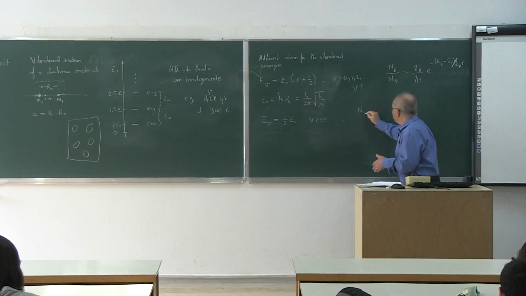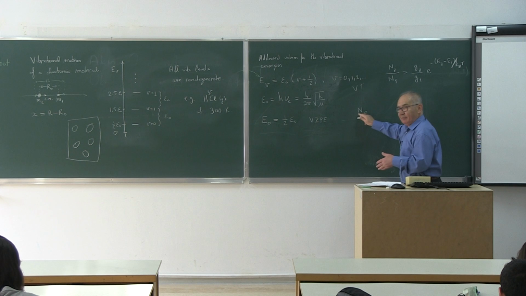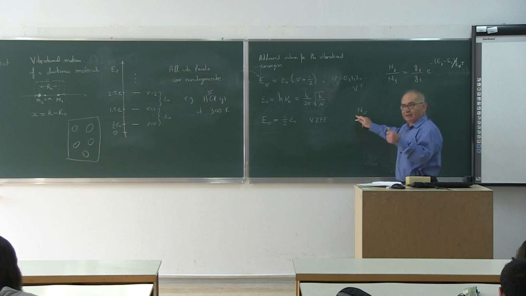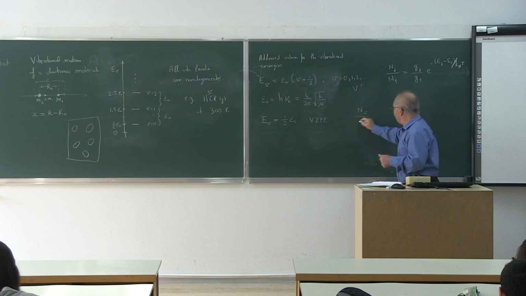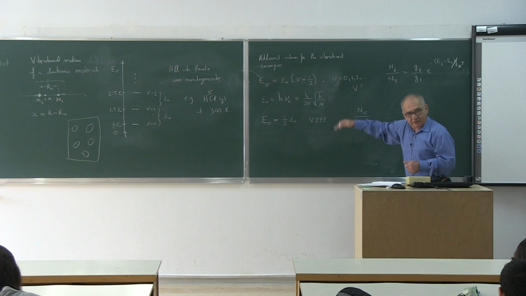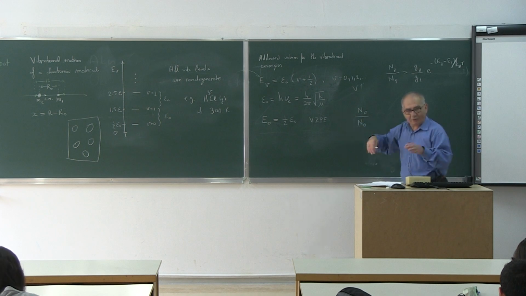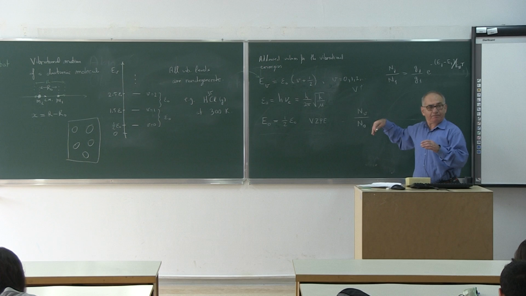So N_v, the number of molecules at the vth vibrational energy level, divided by the number of molecules in the lowest level. So this is a relative population.